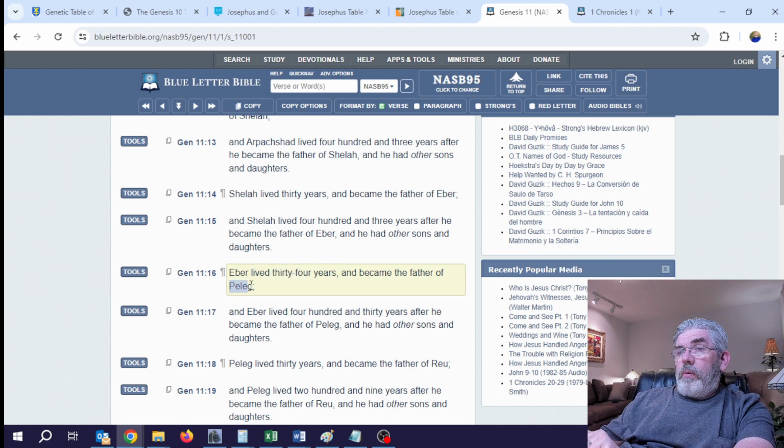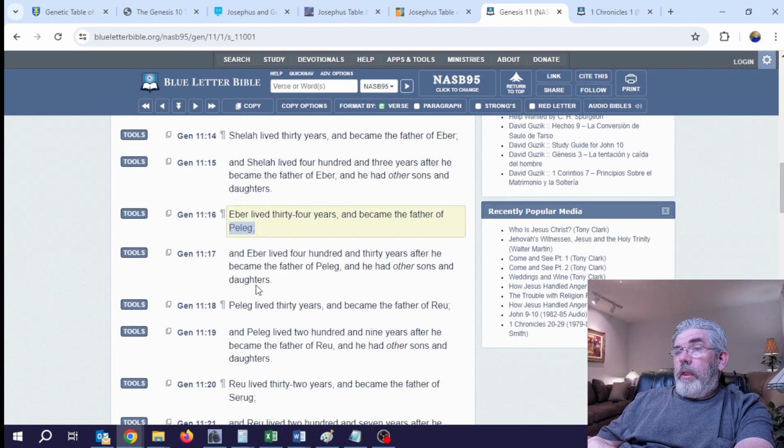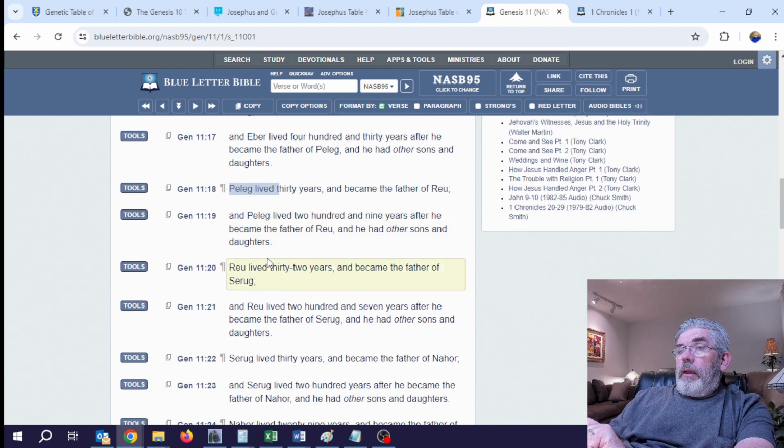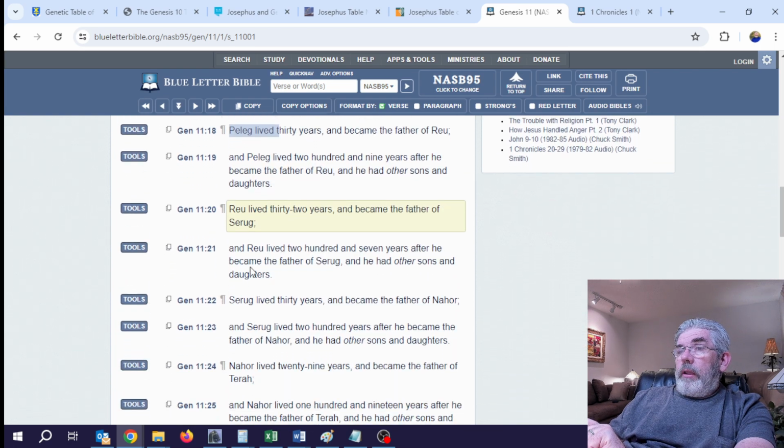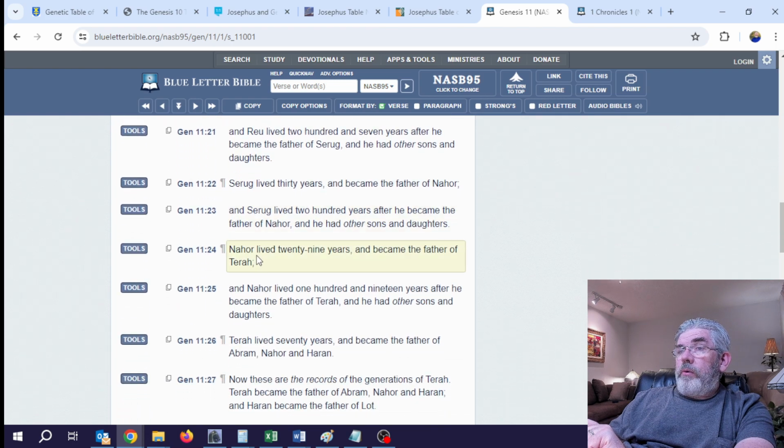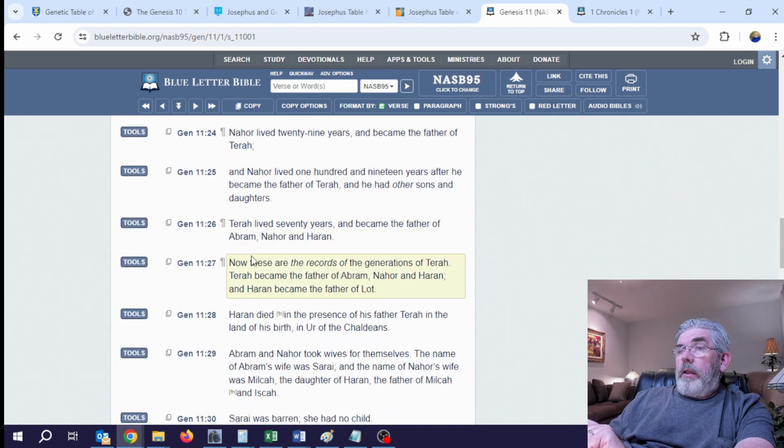This is the one who, in his days, the earth was divided, the continental drift, and the nations separating out over the whole earth, right? But the interesting thing here is that if you carry on now with Peleg's descendancy, you'll see Peleg to Ru, and Ru to Serug, and Serug to Nahor, Nahor to Terah, and Terah to Abram, which is Abraham, who God uses to raise up Isaac, and then Jacob, who becomes Israel.